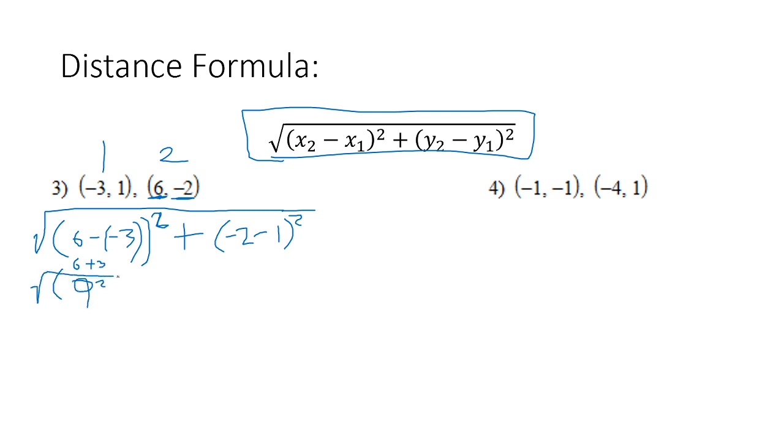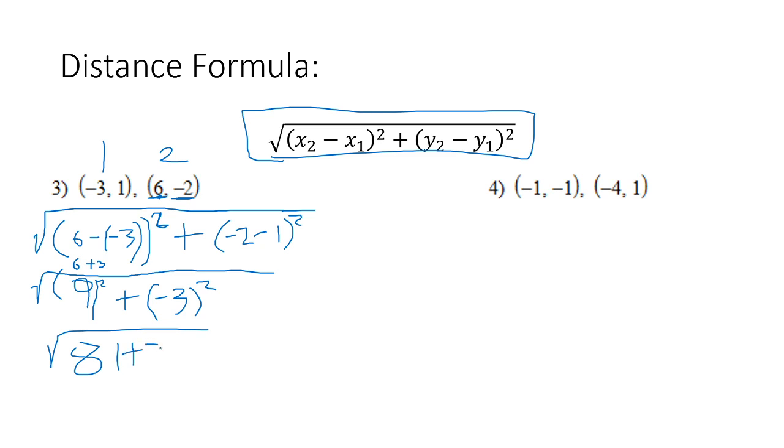Forgot my square root sign. So 9 squared plus negative 2 minus 1 is going to be negative 3 squared. You keep going. Then you're going to get the square root of 81 plus 9. So that's square root of 90. And square root of 90 is 9.5.